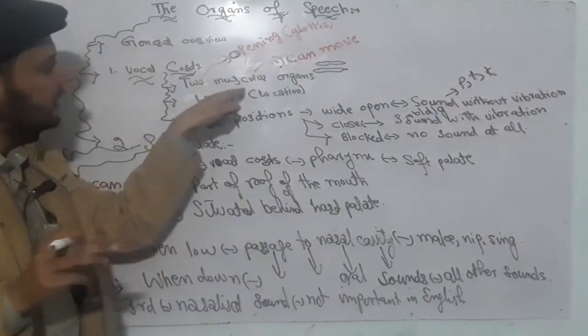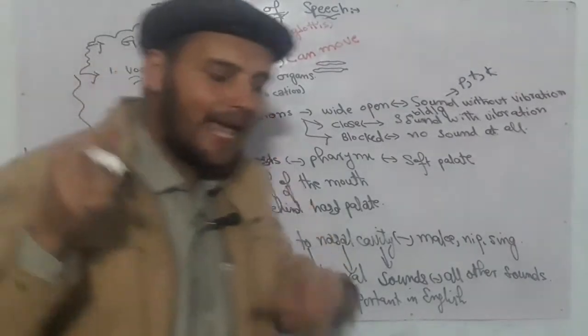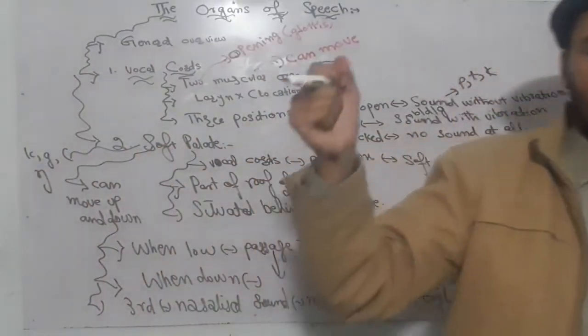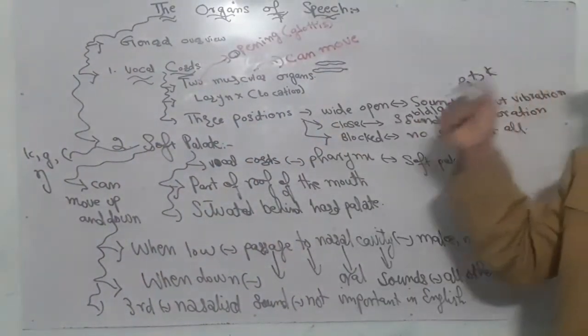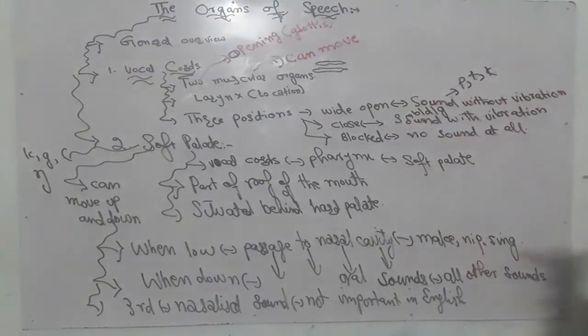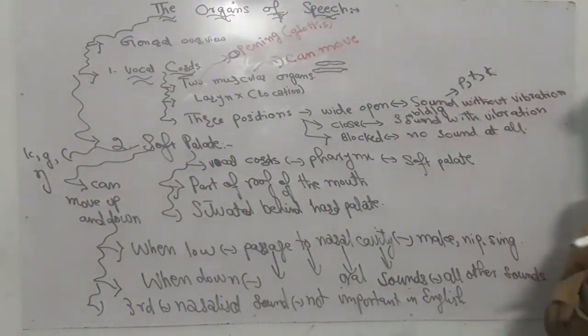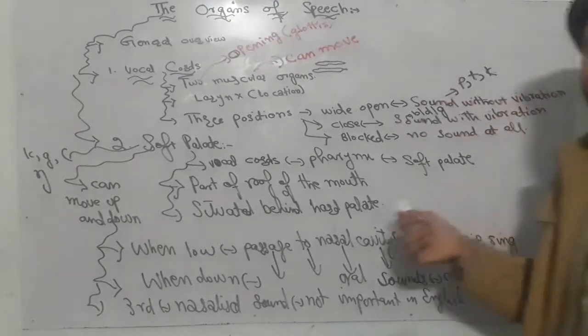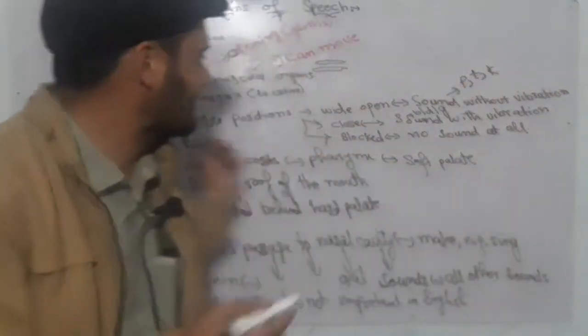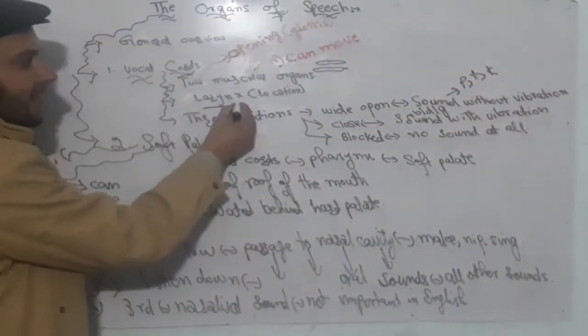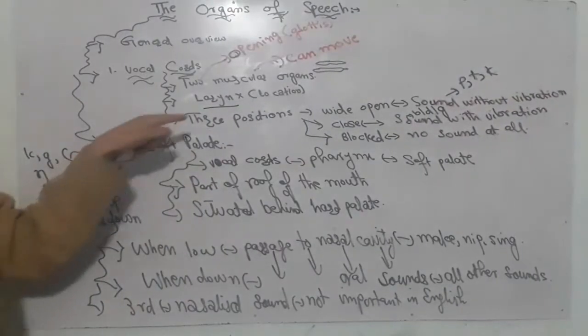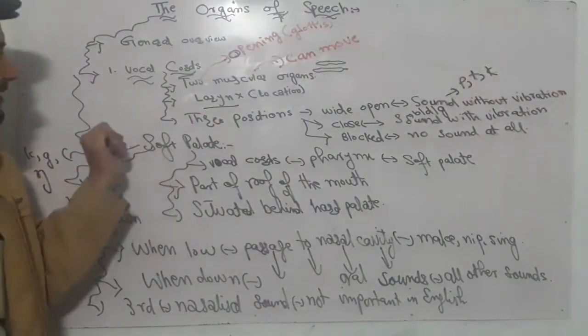So the air stream came from my lungs and reached my vocal cords. Vocal cords are two muscular organs. They are placed in the larynx, here. Vocal cords are present in the larynx.